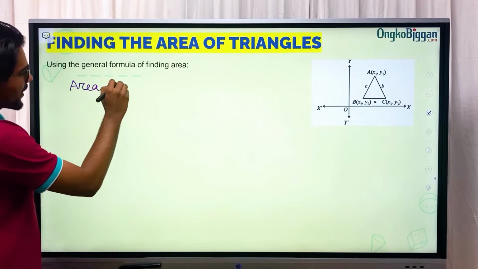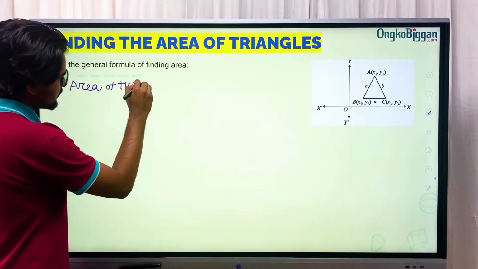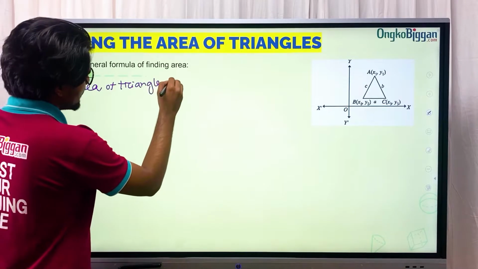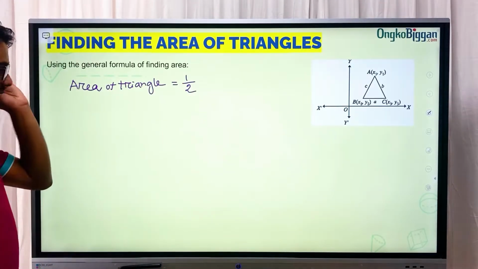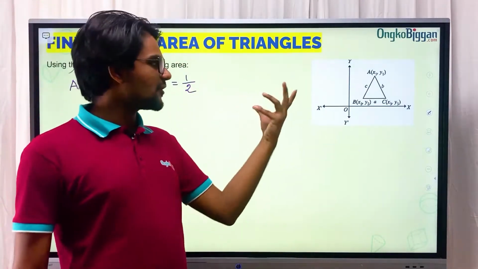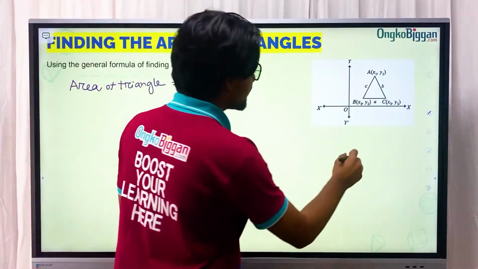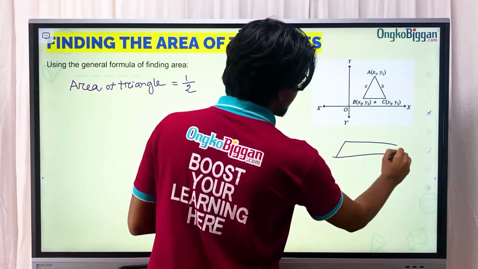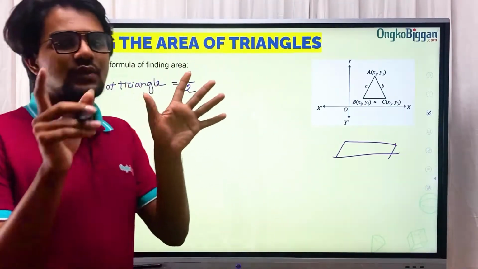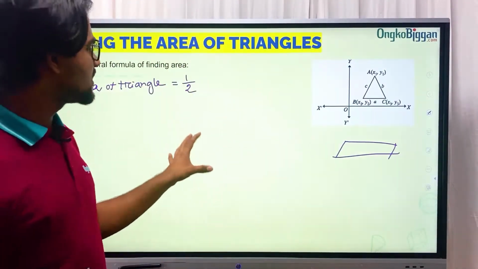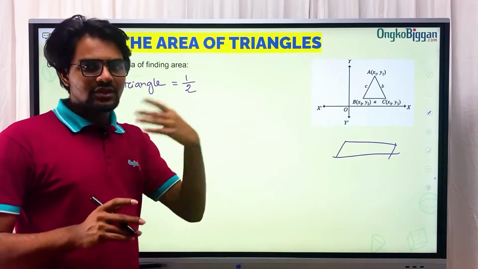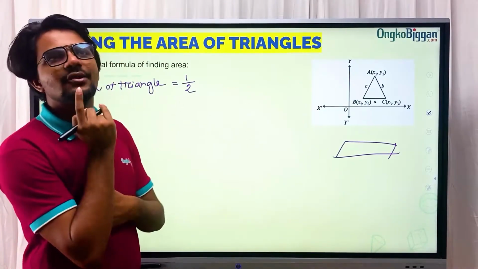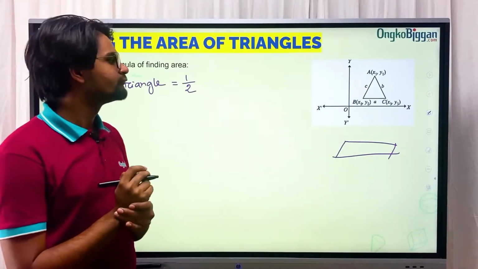Area of triangle is equal to, first there will be a half, because this formula actually came into being from finding the area of a parallelogram or other quadrilaterals.